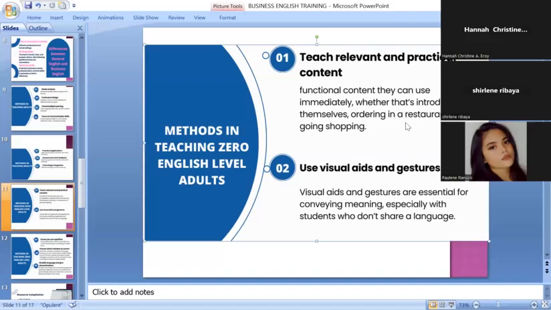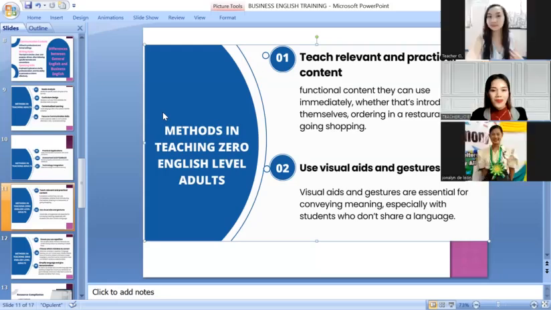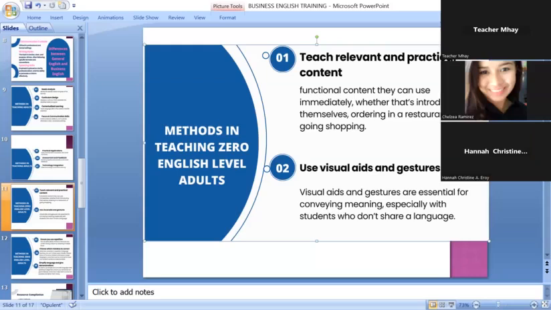Teacher Hannah, do you have an idea? How about Teacher Pauline? So how can we use visual aids and gestures in teaching zero English level adults in an online class?